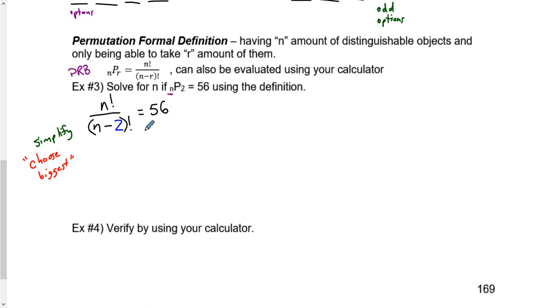Between n factorial and n subtract 2 factorial, n is bigger. So if we're going to start with n, we're going to multiply it by what's one number less than n. We're just going to subtract 1 from it, so it'll just be n subtract 1.